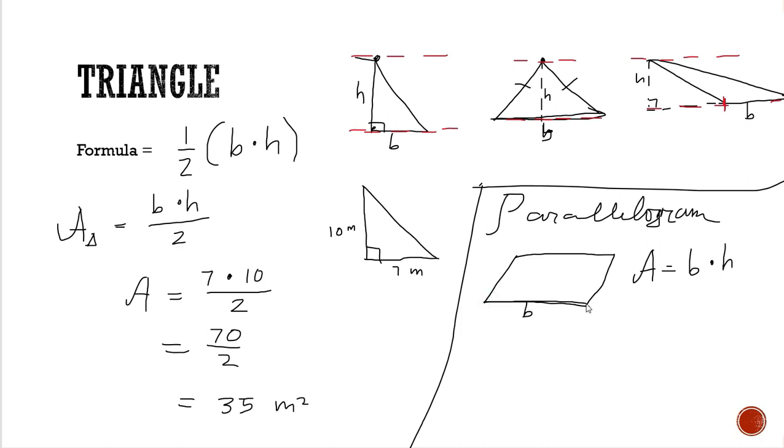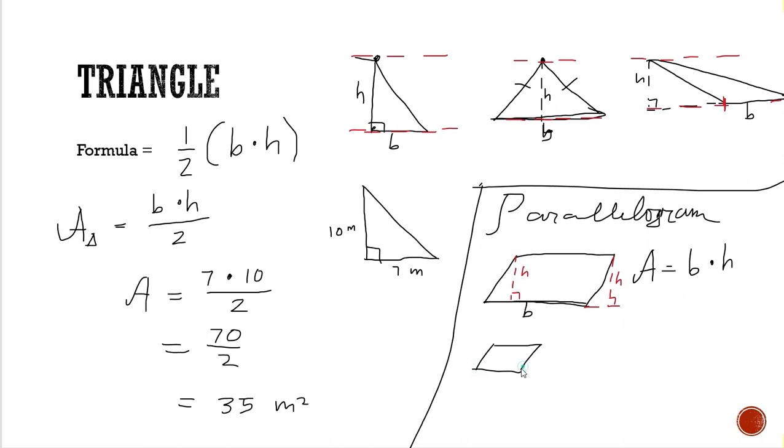Right? So it's really similar to the formula for the area of a rectangle. So let's identify the base. The base is this side here. And the height, you can find in two ways. You can have it this way, the inside part, the perpendicular line there. So this is also the height. These two are the height. So that's simple. You just multiply them, whatever value you have.